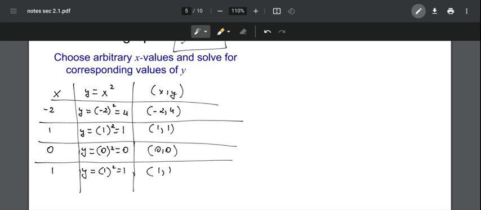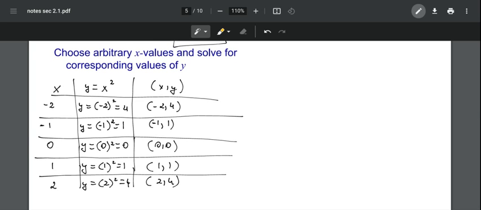So we have (1, 1). And one more, let's select 2. So y will be equal to 2 to the second power, which is 4. We're getting (2, 4). So like you see, the values which I picked for x, I choose -2. Excuse me, this one should be -1. So I selected -2, -1, 0, and then +1 and +2.